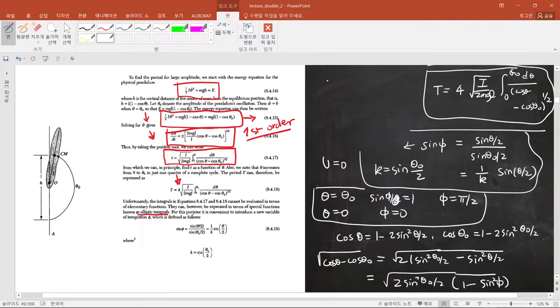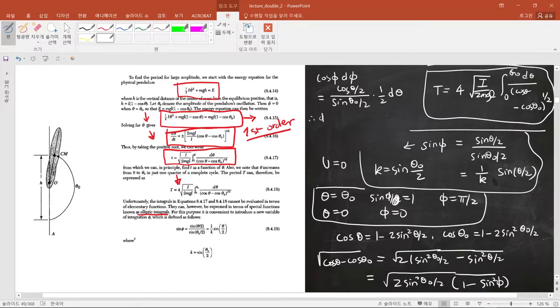cosine phi, if we take differentials of this, that should equal to sine theta 0 over 2 over here, what? Cosine theta over 2 times 1/2 times d theta. Therefore, d theta, which is necessary here, is what?